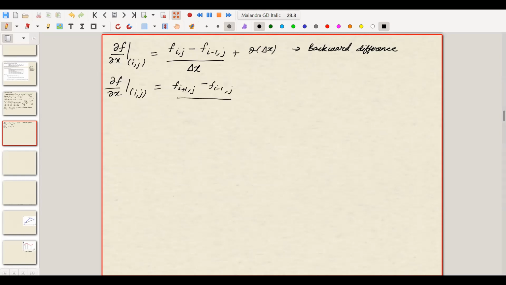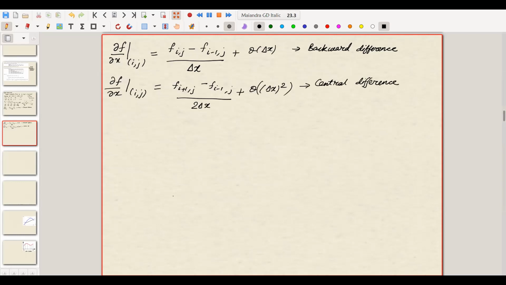So since i plus 1 and i minus 1, i plus 1 is here, i is here, i minus 1 is here. The difference between them is 2 delta x, delta x, delta x. So you have to divide by 2 delta x. Plus the error order will be delta x squared. Okay, so it's a good method. So this is the central difference.